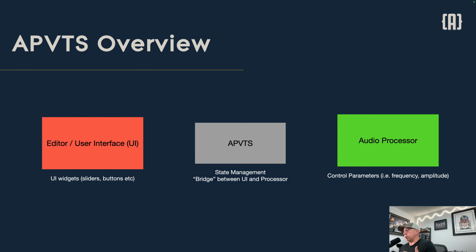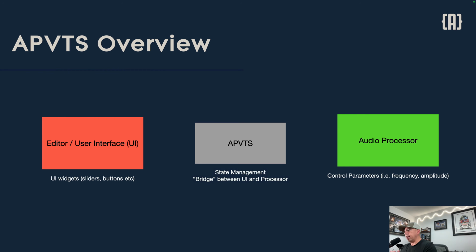Let's say it was a synthesizer and we had something like an LFO whose rate was turned to a certain value, the filter cutoff, the type of oscillator that your synthesizer may have, and so on. You can take a snapshot of that, and then you can save it if you wanted to and load it, and that becomes what we call a preset, right? So the APVTS is responsible for all of that.